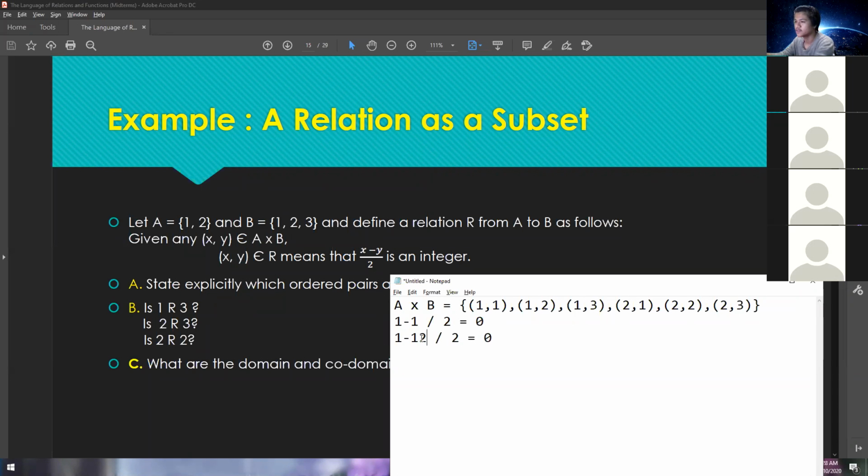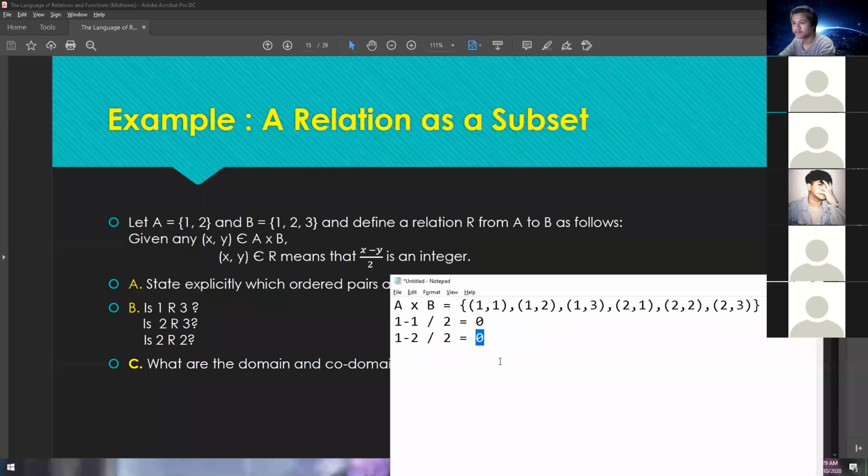1, 2. 1 minus 2 divided by 2. 1 minus 2 is negative 1, divided by 2, so negative 1 half.